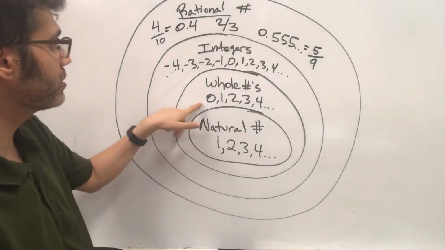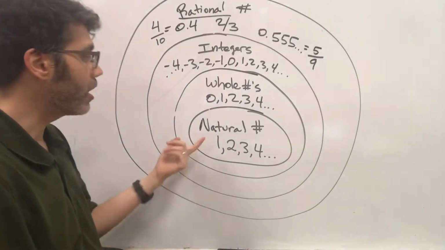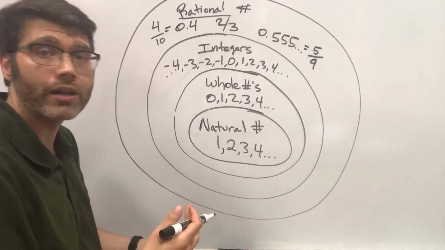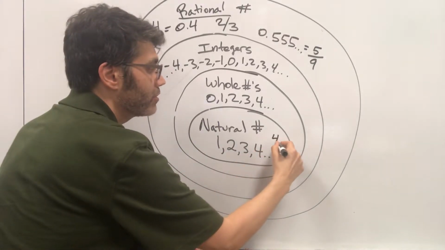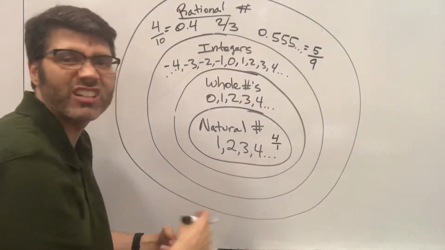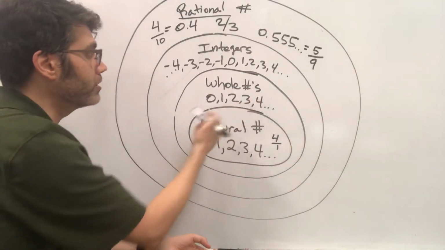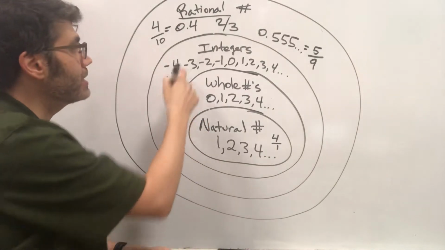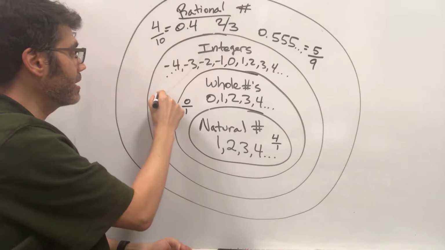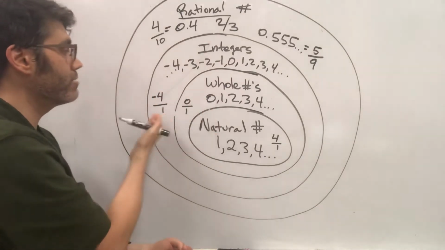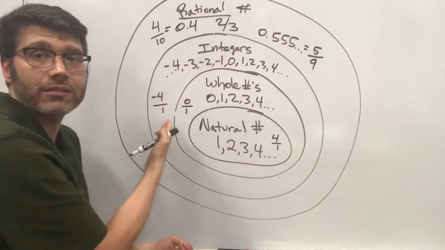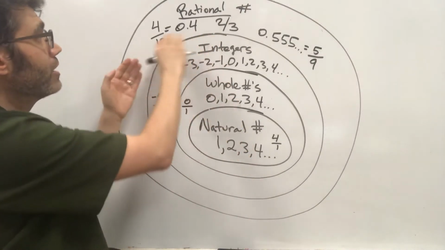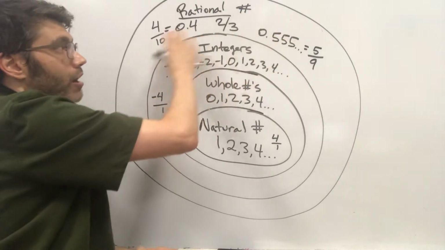All of these numbers can be written as ratios too. A way that you write a natural number as a ratio is you just put it over 1. So 4 could be rewritten as 4 over 1. Any number over 1 is just itself again. Same with whole numbers. Even 0 over 1 is just 0. And integers could be rewritten, let's say -4, put that over 1, and you now are representing -4 as a ratio. So all the numbers in here are also rational, as well as these added on numbers.